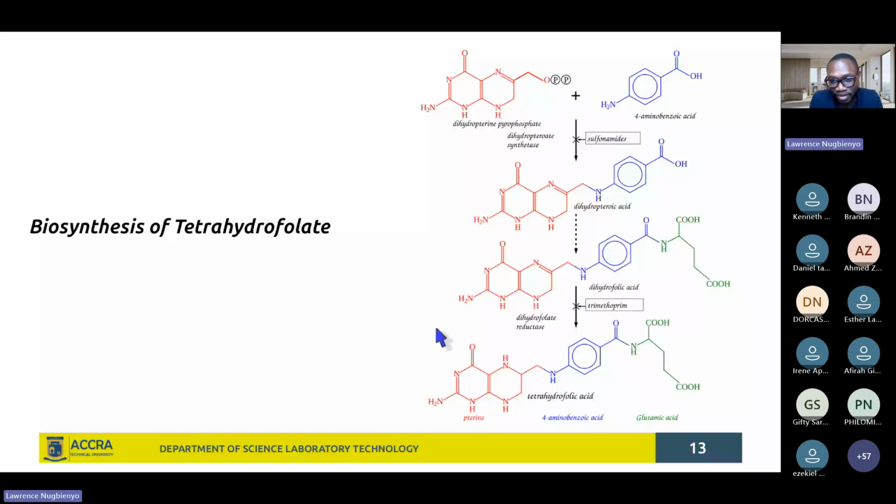I think we saw that tetrahydrofolic acid was involved in the development of the neural tube, let's say the brain or the central nervous system of the fetus in the uterus. And that's why it's very much required in pregnancy for some women.